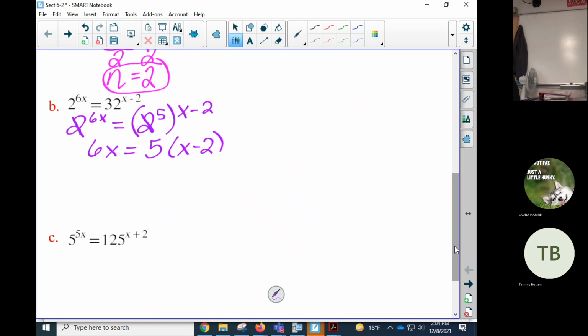Okay? So now I'm going to distribute this. 5 times x is 5x. 5 times 2 is 10. And then we go ahead and solve it. So I would subtract 5x to bring this over. And x equals negative 10.